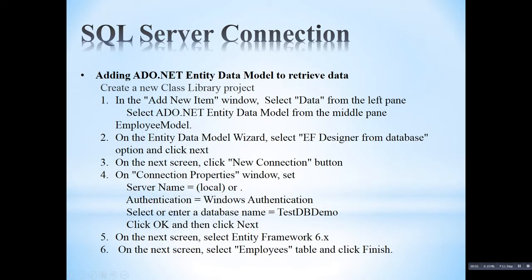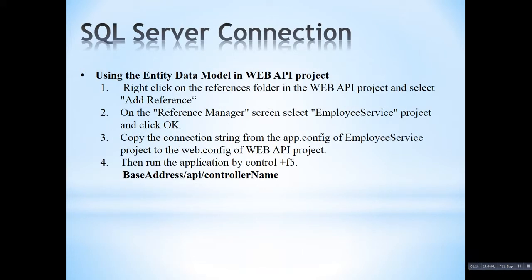After adding that, in these steps you have to follow this: server name, you have to give dot or local, and authentication to make a connection to the database, and there you have to select Entity Framework 6.x. I'll show a demo also at last of how to do that.